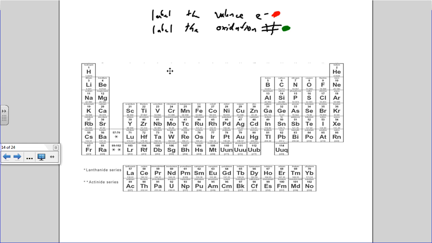So let's start with valence electrons, because valence electrons is the first one that we learned. So valence electrons are going to be determined by column. And so we're going to start over here. These guys have 1. Our next column has 2. We skip the transition metals, so we're not going to worry about these guys for now. Skip the transition metals because they have variable valence electrons and oxidation numbers.